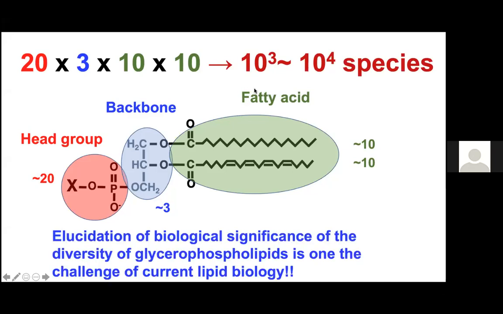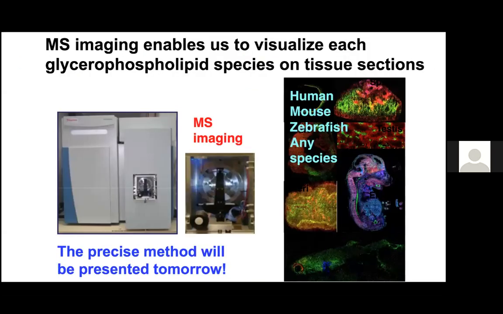And I believe elucidating the biological significance of this diversity of glycerophospholipids is one of the challenges in our current lipid biology. Here, I would like to show you a new technique to visualize the distribution of phospholipid species on tissue sections.